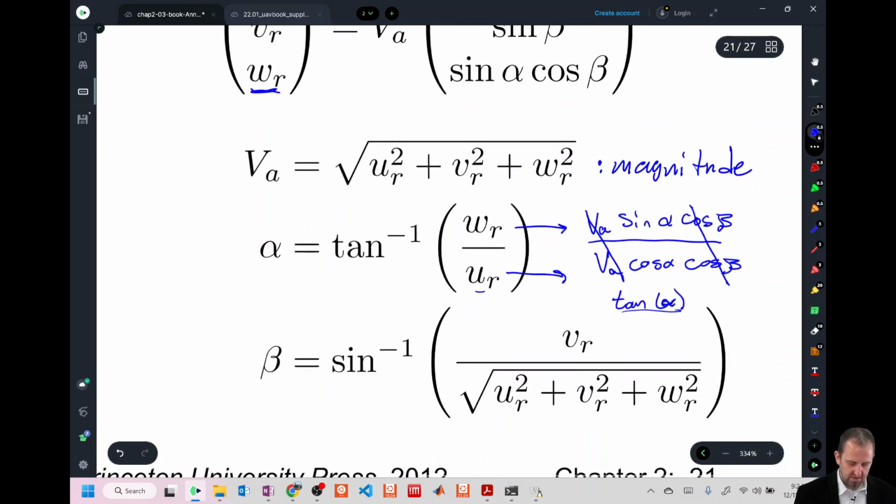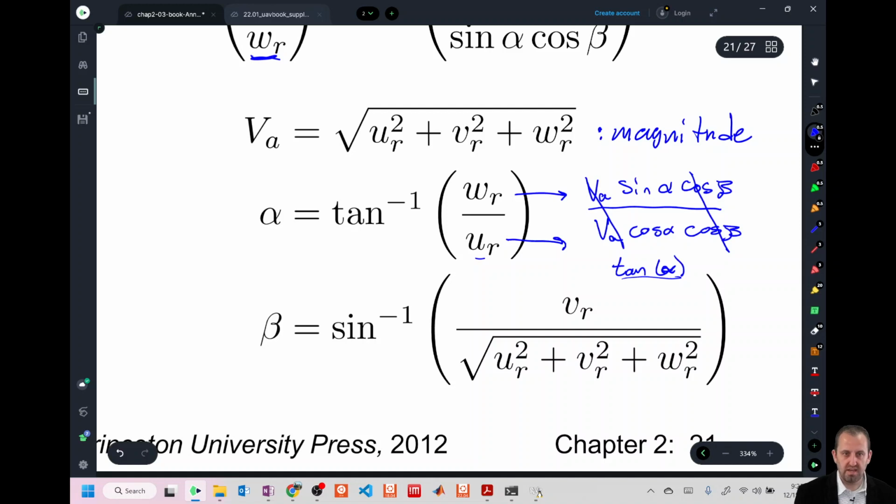And we can do a similar thing for beta, right? We can write beta in terms of V sub R over the magnitude, the square root of U sub R squared plus V sub R squared plus W sub R squared. And again, you can just use trig identities to do a very similar trick.